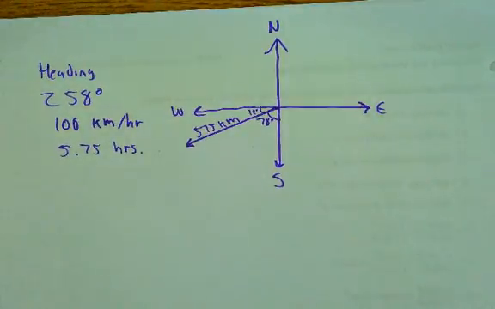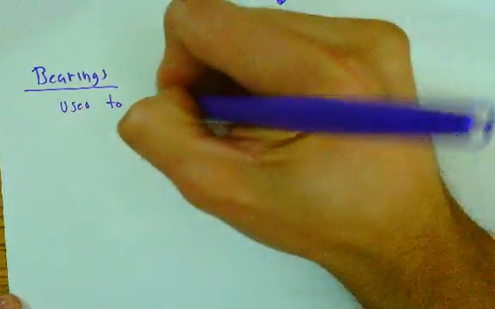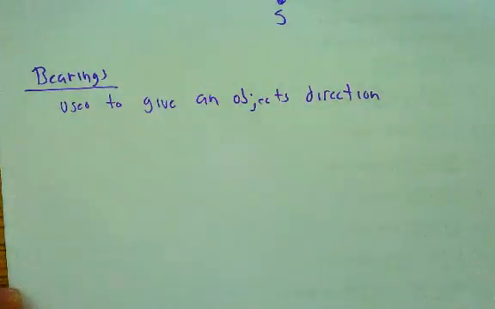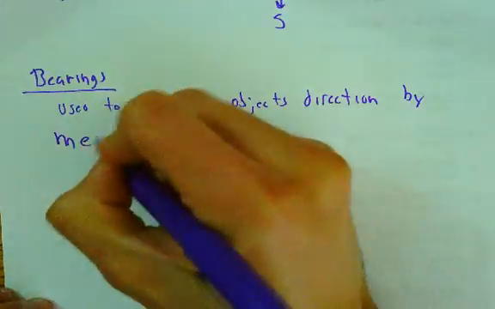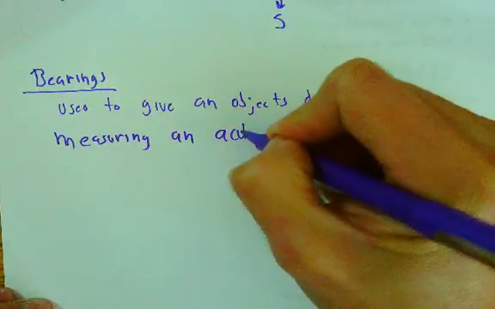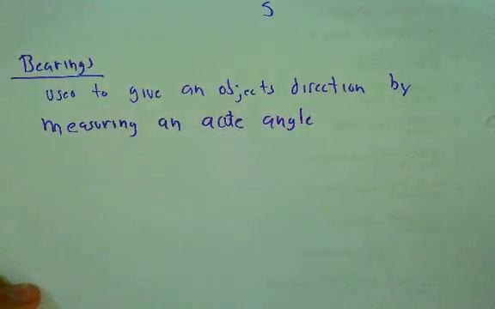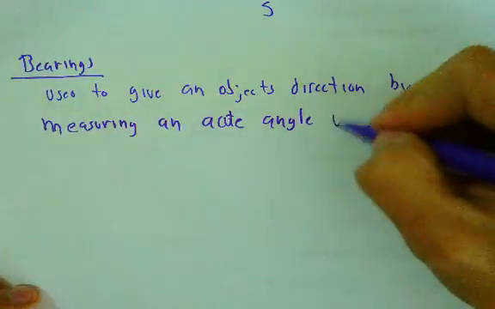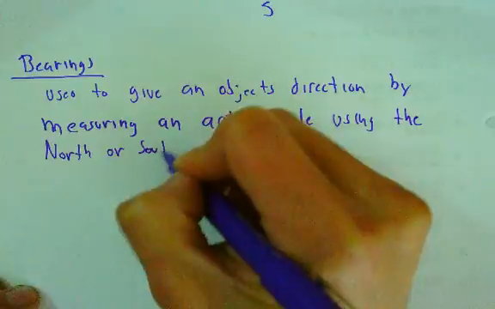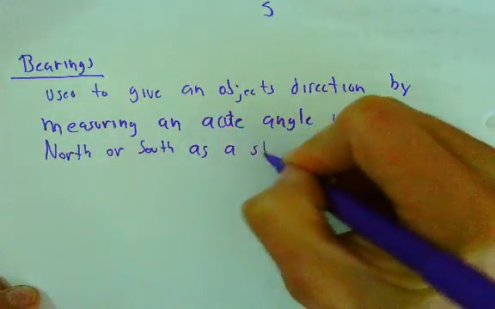Alright, so then let's talk about bearings. Alright, bearings are probably what you're more used to, but bearings are used to give an object's direction by measuring an acute angle using the north or the south as a starting position.